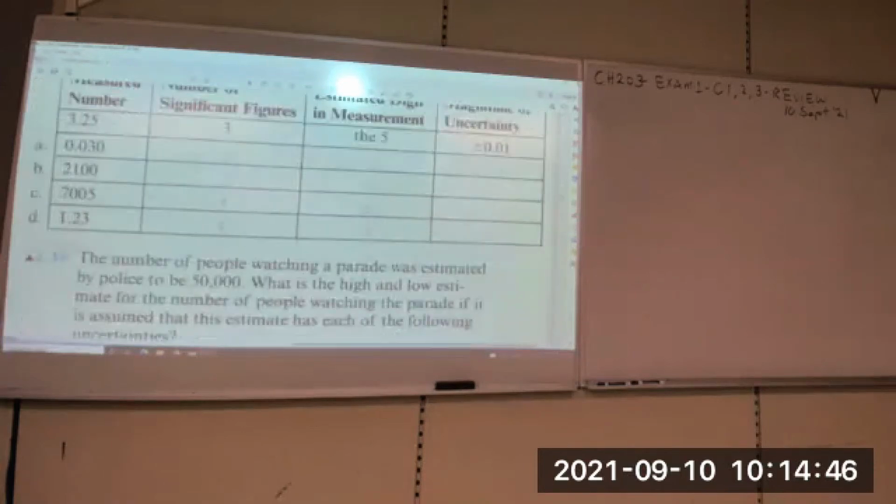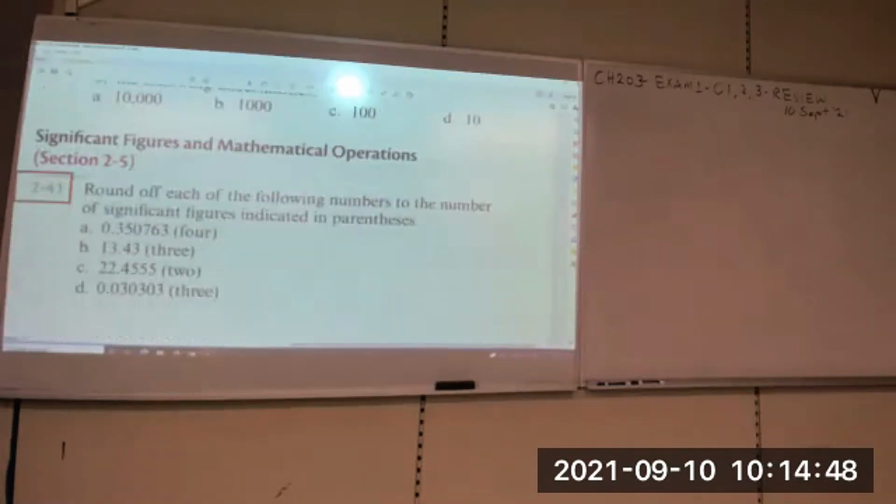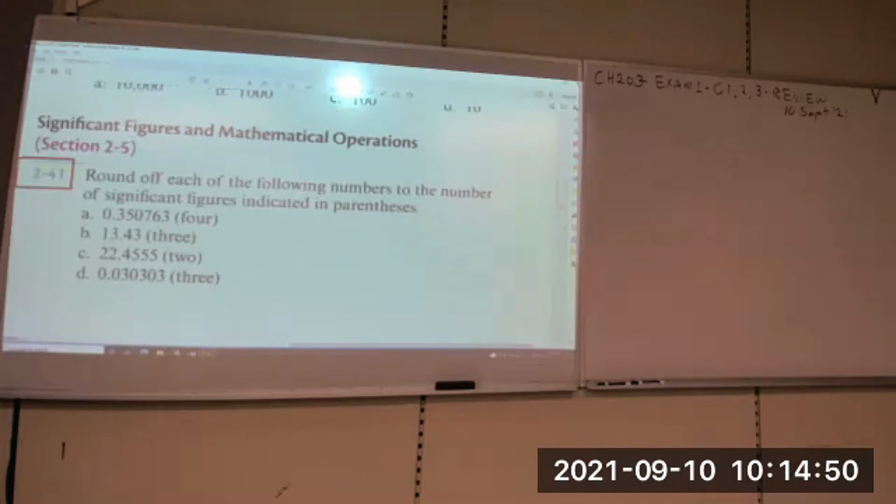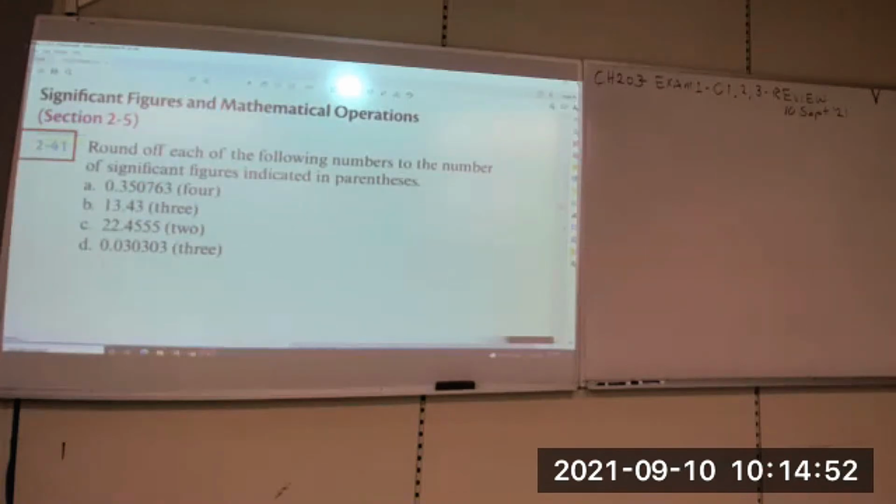Let's scroll a little more. Round off each of the following numbers to the number of significant figures indicated in parentheses. Okay, anybody having trouble with rounding? Right, it's the 5 rule. You look to the right of the number that you need to round.